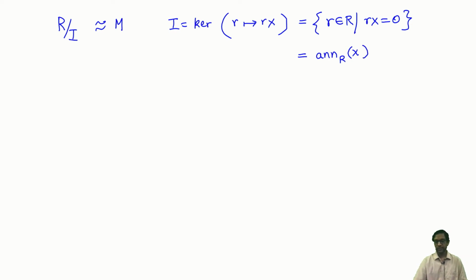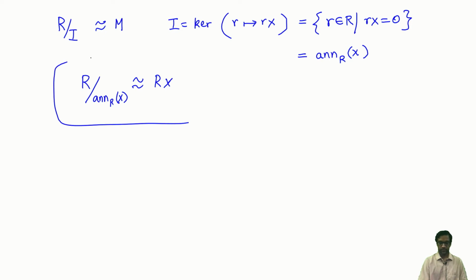It's all scalars which annihilate that element x. So R modulo the annihilator of x is isomorphic to Rx. This is another form in which you will see this: R modulo the annihilator is isomorphic to the submodule generated by that element x. This is assuming that x is inside some module. In this case, we have assumed that Rx itself is M.